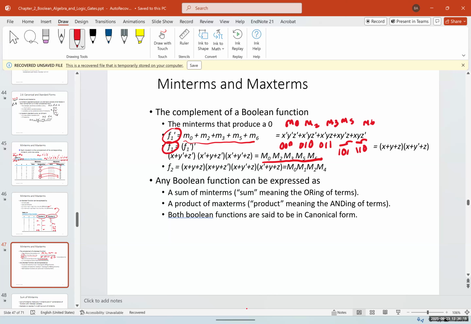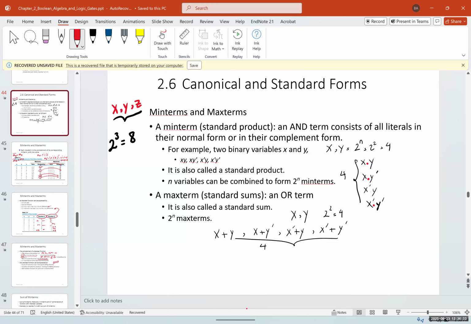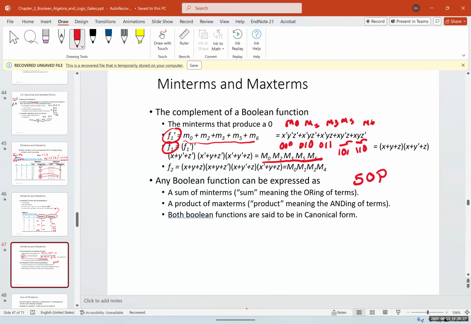So any Boolean function can be expressed as a sum of minterms, or we call it sometimes SOP, or sum of products, because the minterm is also, as I mentioned here, a type of product or a standard product. Or we call it a product of sums or product of maxterms, or POS. So a sum of minterms, sum meaning the ORing of terms, or a product of maxterms, a product meaning the ANDing of terms.